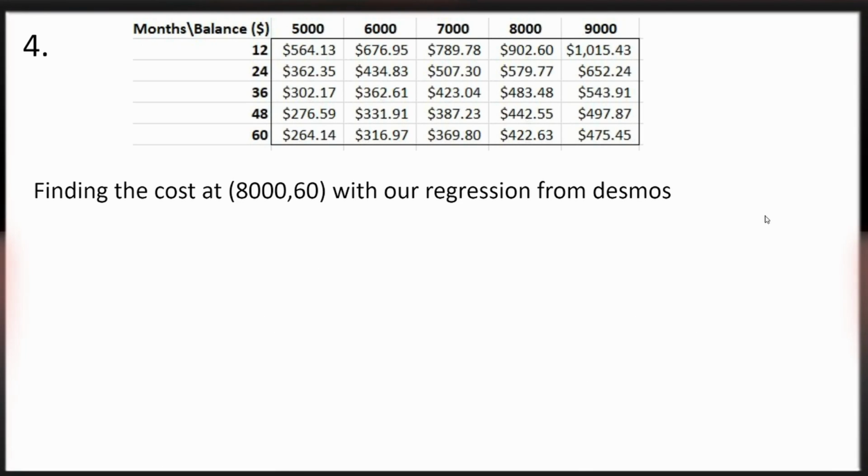All right, guys, so moving on to question number 4. We are pretty much duplicating what we did in question number 2, but now we're just going to be using that new, cleaner equation, that more accurate equation for that linear function.